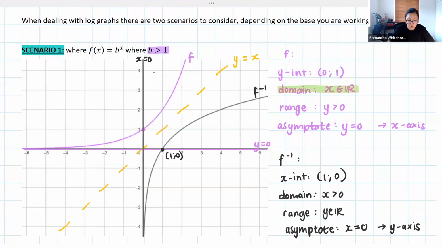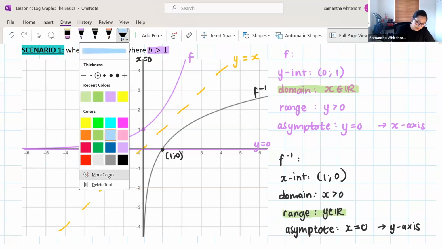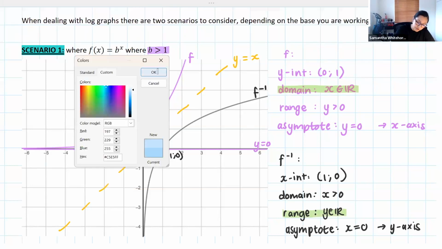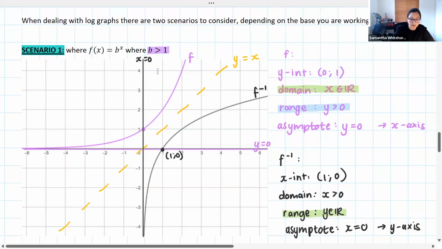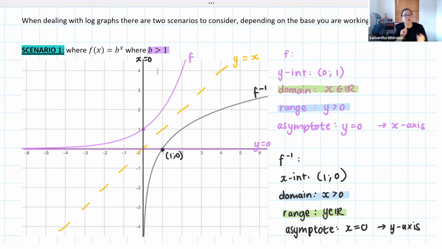The inverse's range is y element of real. So the domain and range have swapped. If we consider the original function's range, it was y greater than 0. The inverse domain is now x greater than 0. So the domain and range are swapping for your inverse function.